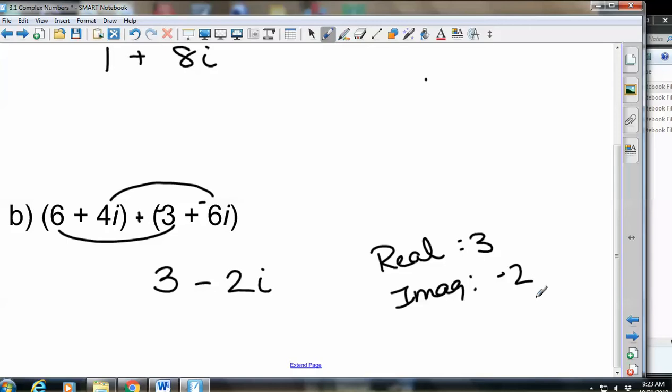It might accept it both ways, but I'm pretty sure when I was looking at how they had their answers set up, they only wanted the coefficient. I want to double check that. Questions on this? Okay, I want you guys to do some.